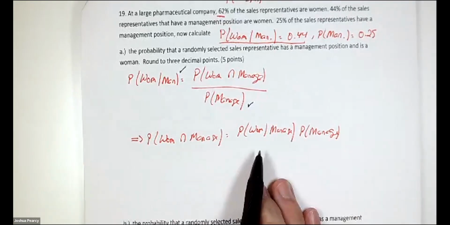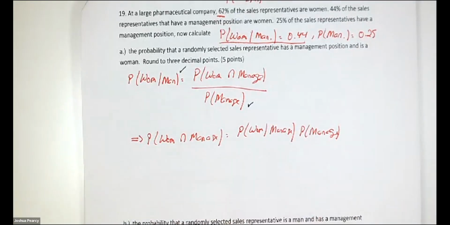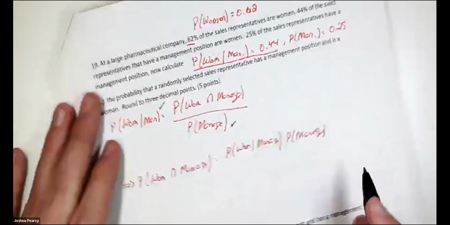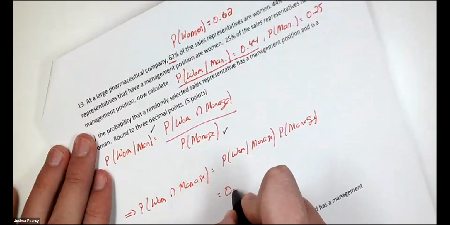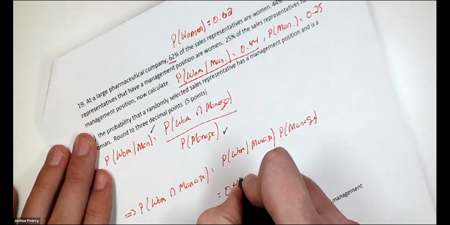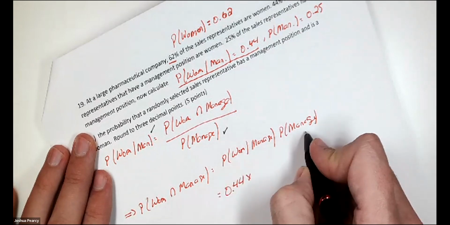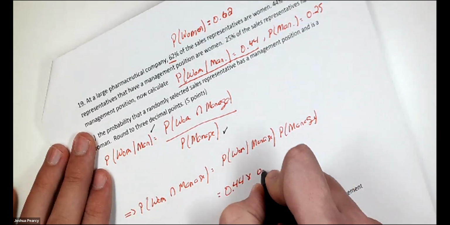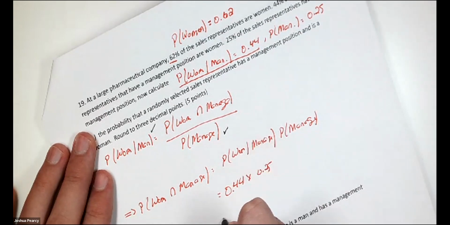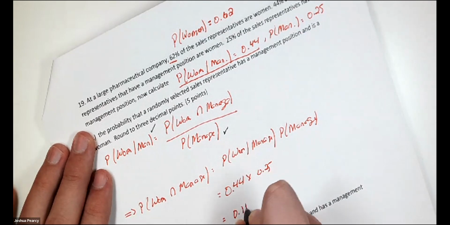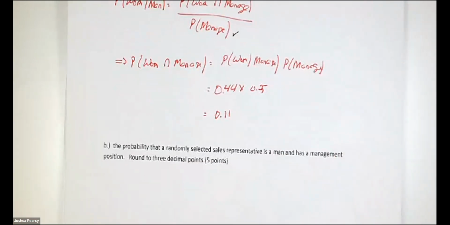It gives you both of these probabilities. This probability is 0.44. This probability is 0.25. The multiplication of the two gives you 0.11. That's the answer.